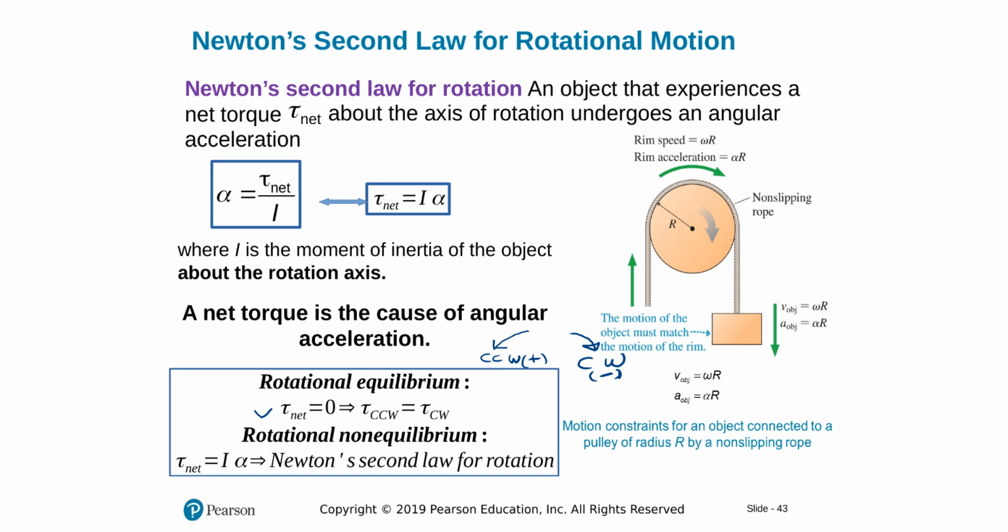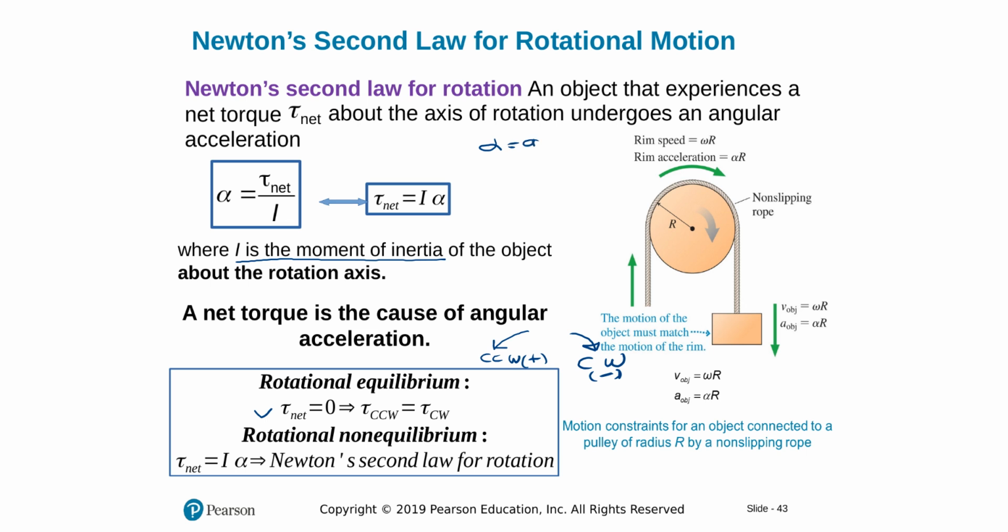Second, it could be a net torque. Net torque might not be zero. Then we say this net torque is equal to I alpha, I being here the moment of inertia described up here, and alpha being the angular acceleration. Let me rewrite them.